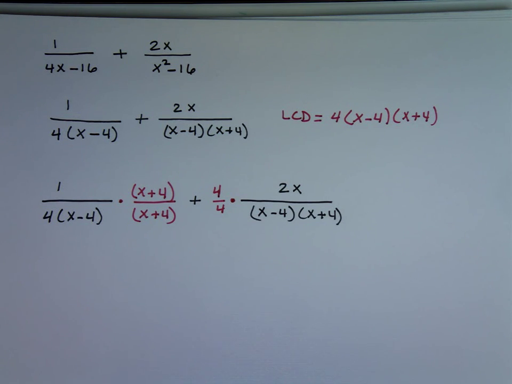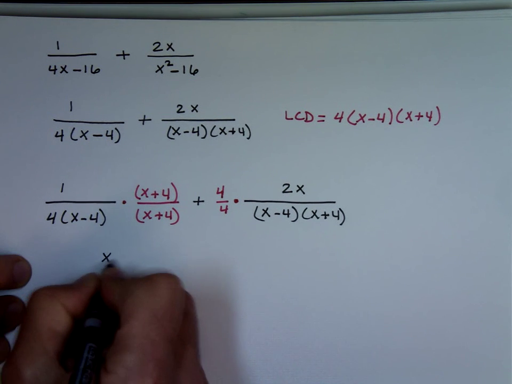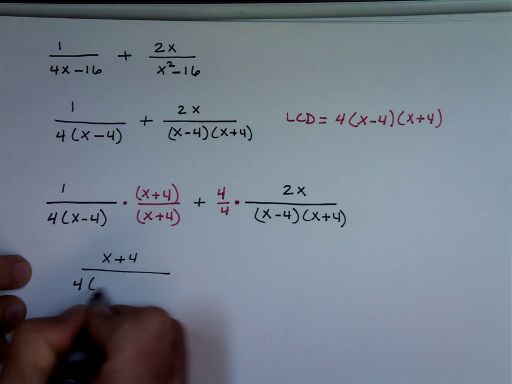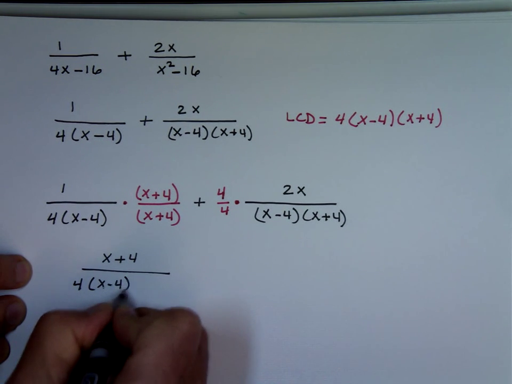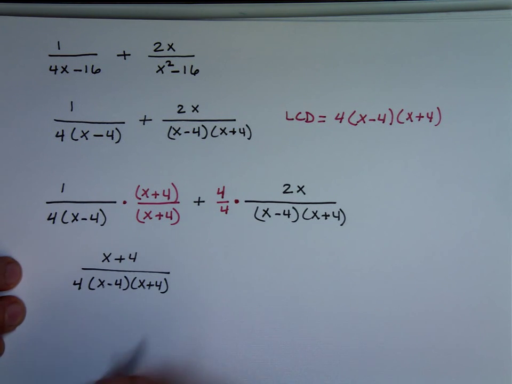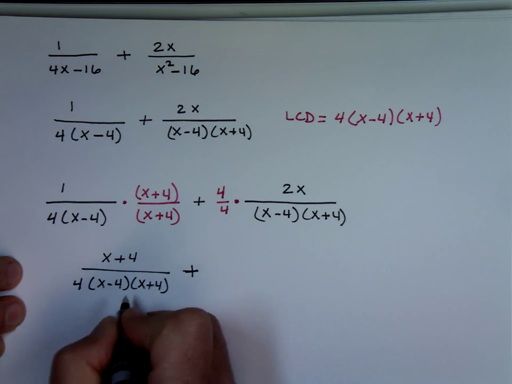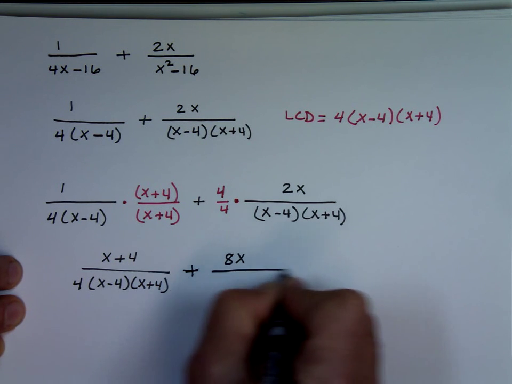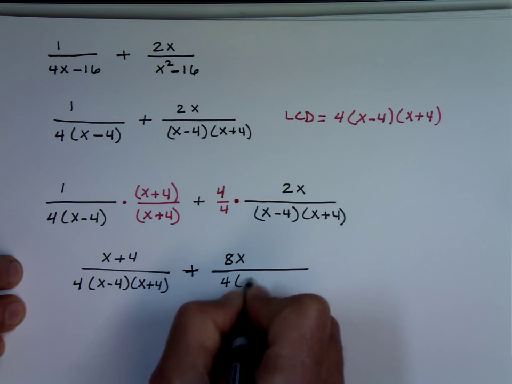So this will be x plus 4 divided by 4 times x minus 4 times x plus 4. 4 times 2x, 8x over 4 times x minus 4, x plus 4.